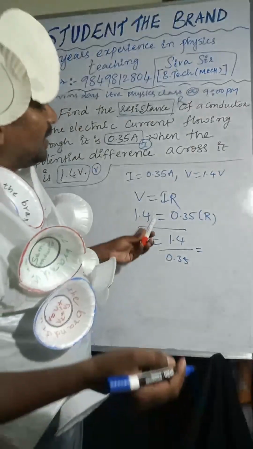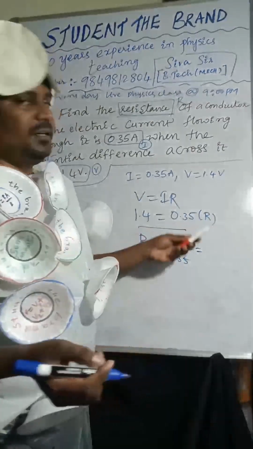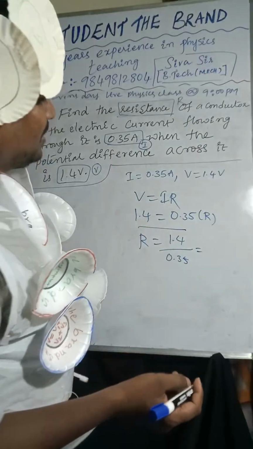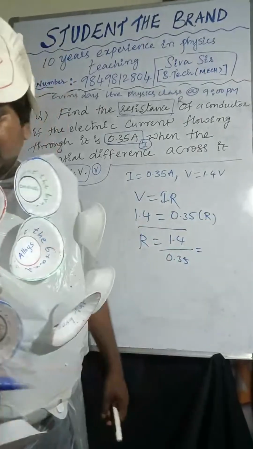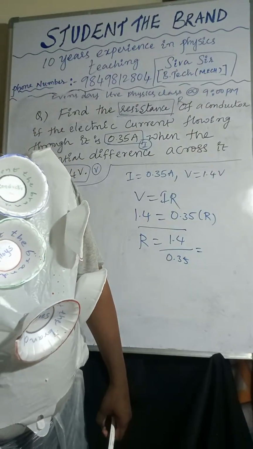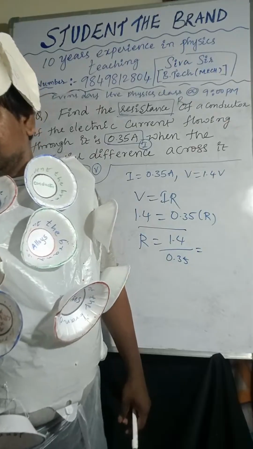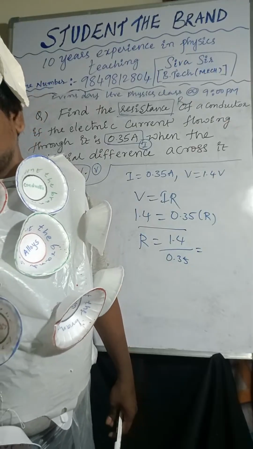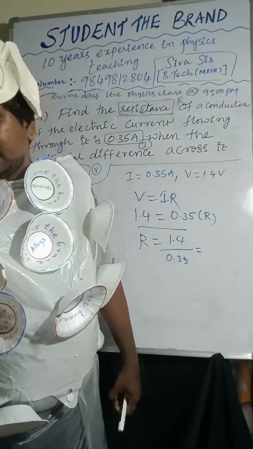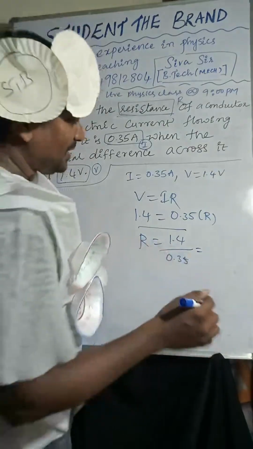So I am considering 1.4 equal to 0.35 into R. So 1.4 by 0.35, how much will you get? Yes, Ramcharan, 4, you got it correct. Very good.